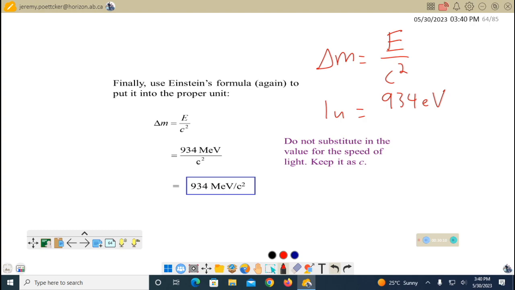And I'm not going to actually substitute in the value for c squared, because that's the unit that I'm going to be using. So now I'm using the speed of light itself as a unit. And you'll notice if you look on your data sheets in the first generation fermions section, the mass is given in these units.